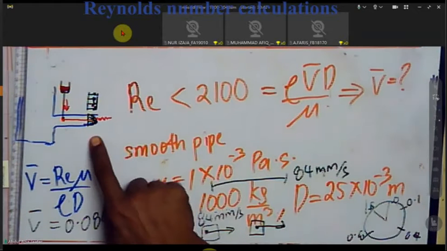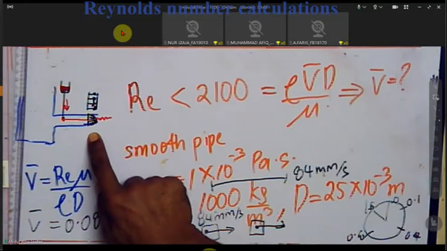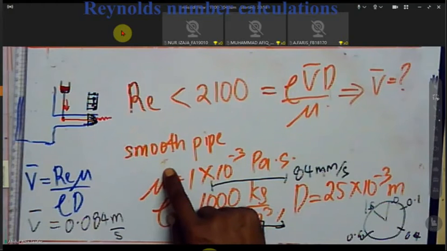Now, can we make the flow become turbulent at lower speed? It's possible to do that. There are various factors. For example, the pipe is not smooth. You have a very rough pipe because of the manufacturing process.